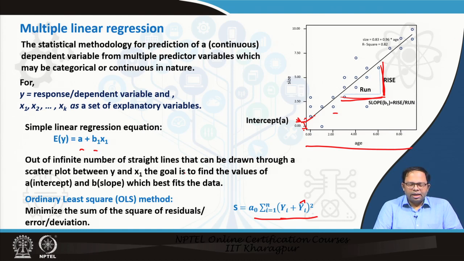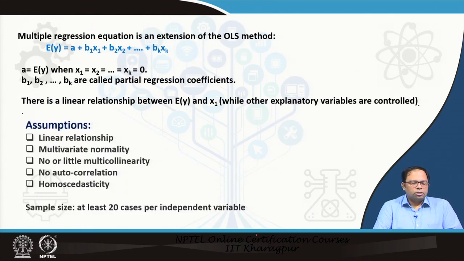We will find this particular equation, and when this is minimized, that gives us those values of a and b1. For the multiple regression equation, as I told you, we only add more x's, x1, x2, xk, and accordingly our beta coefficients will also be added.